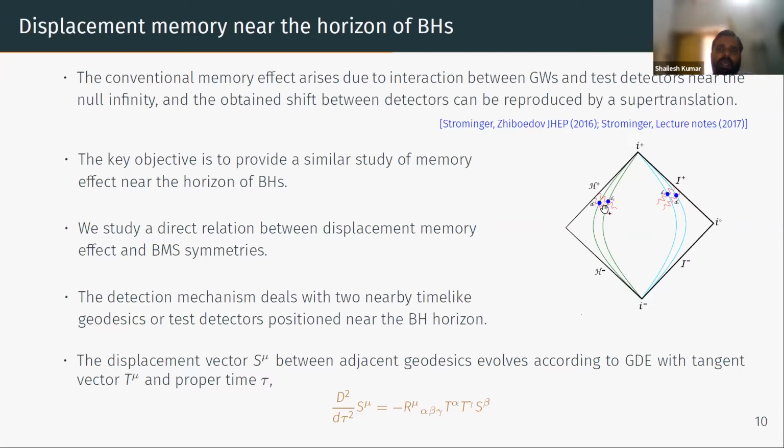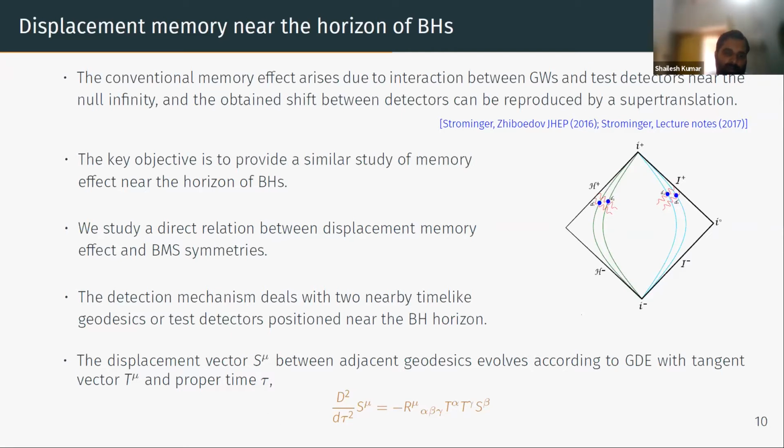As a result, we are aiming to find the change in the displacement vector of the test detectors before and after the passing of the gravitational wave, and that will also carry the BMS parameter in the shift associated with the change in the displacement vector.